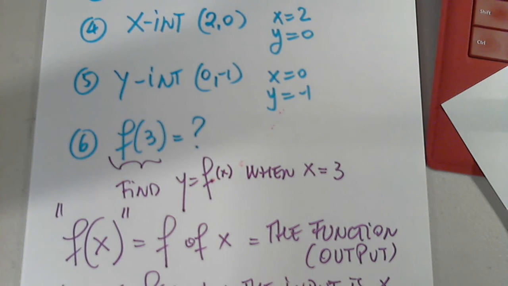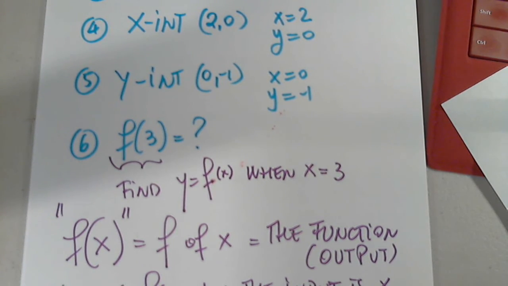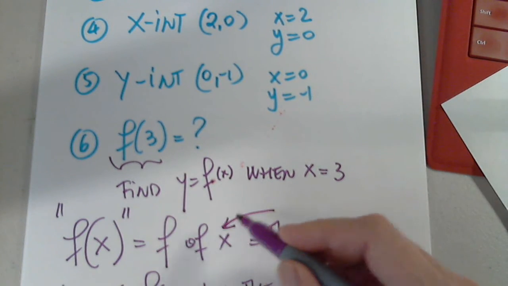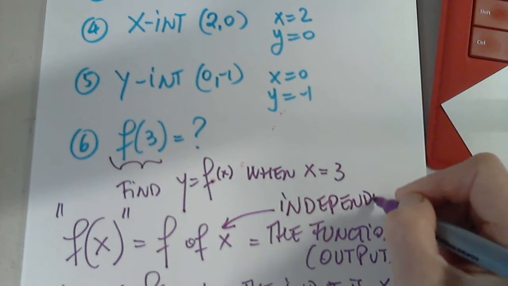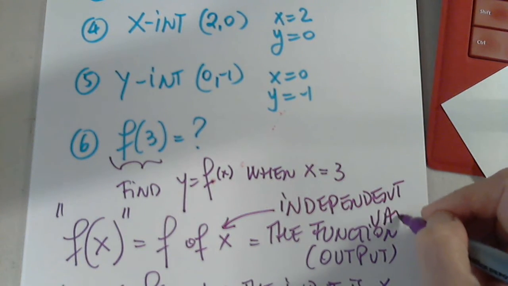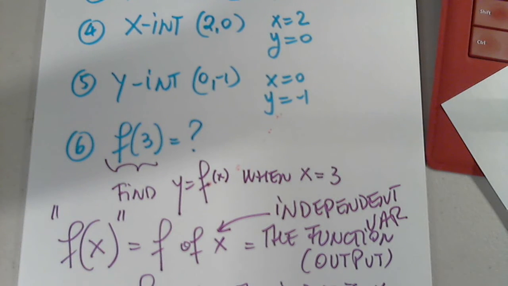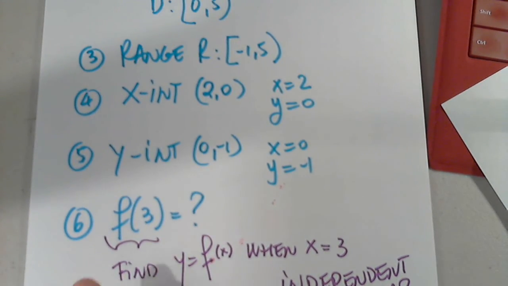Also, f is called the dependent variable, and x is called the independent variable. So I am told, find the y value when x is 3.